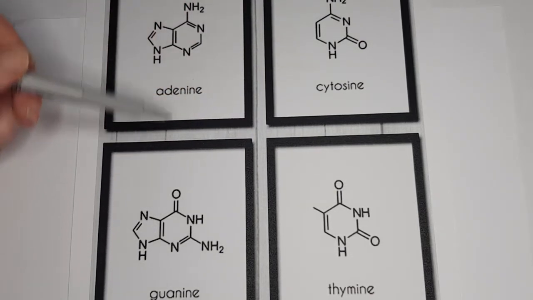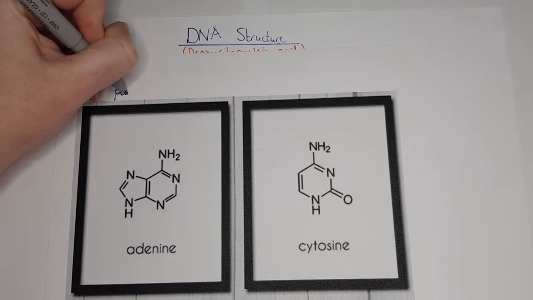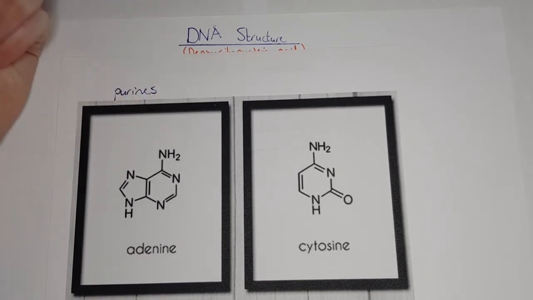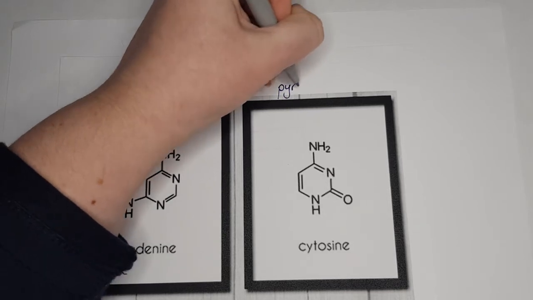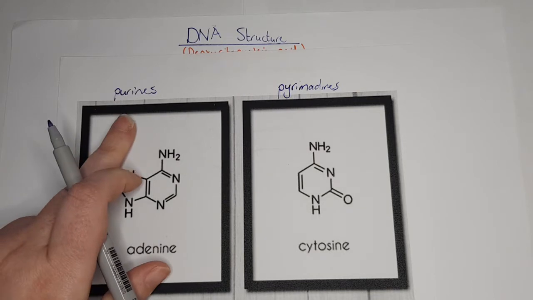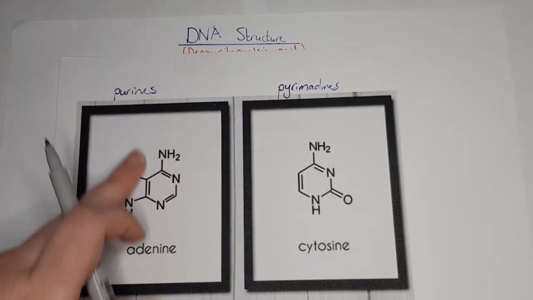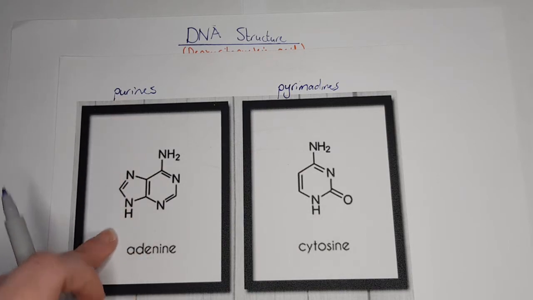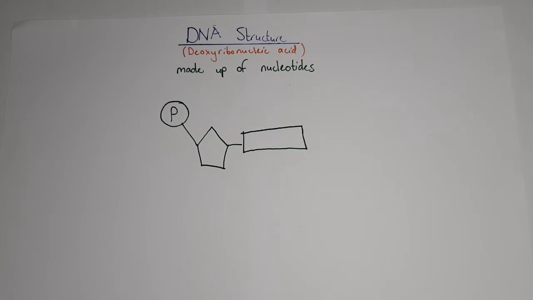So the double ring structures we call purines, and the single ring structures we call pyrimidines. A purine will always pair with a pyrimidine, because we need our DNA structure to be even, so we always have a double ring paired with a single ring.